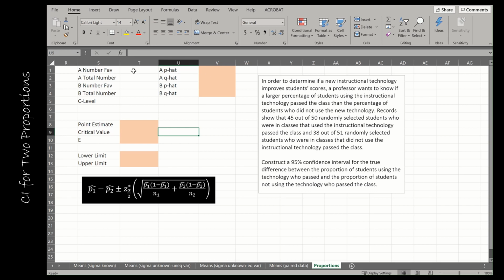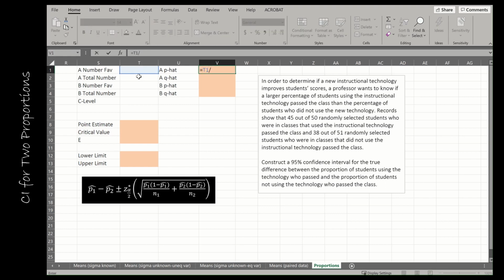So to find P hat for my first sample, I'm going to take the number favorable divided by the total number. And then to get Q hat is just 1 minus P hat, and your book actually doesn't even call it Q hat, it calls it 1 minus P hat. So I'm just going to take 1 minus that.